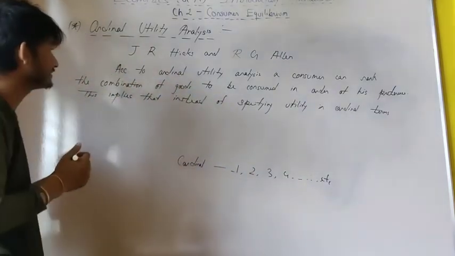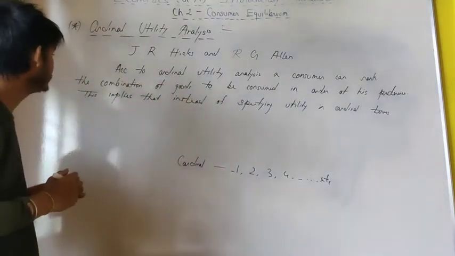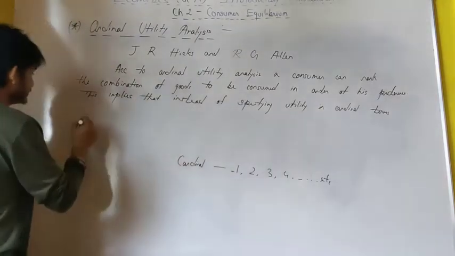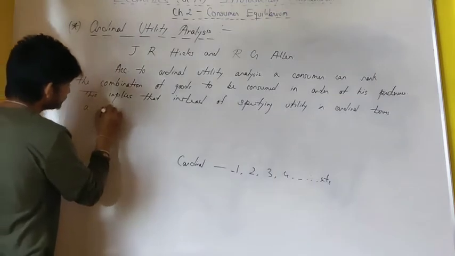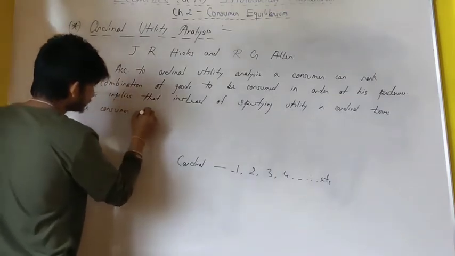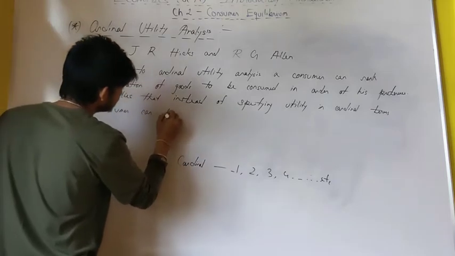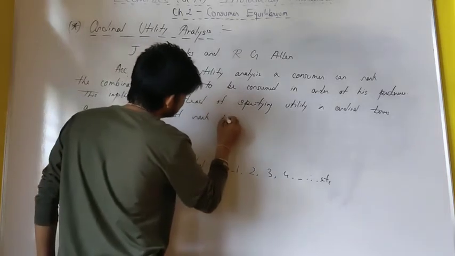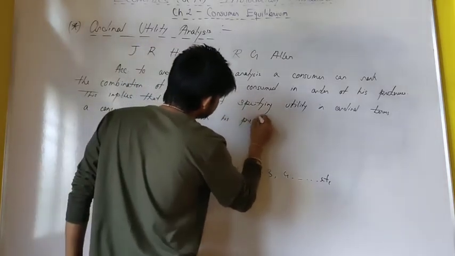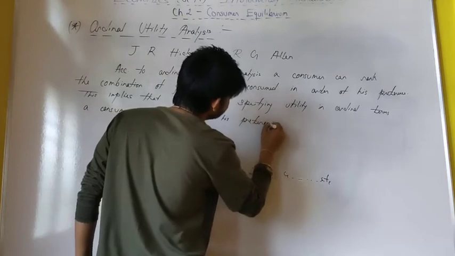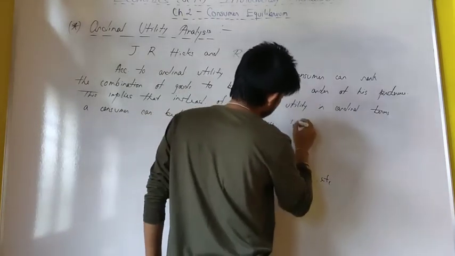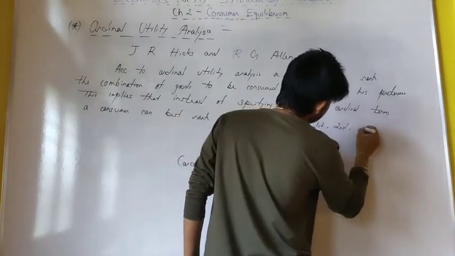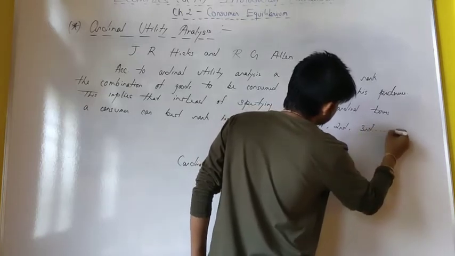But this analysis takes an entirely different approach and says that instead of specifying utility in cardinal terms, a consumer can best rank his preference like first, second, third, and so on.